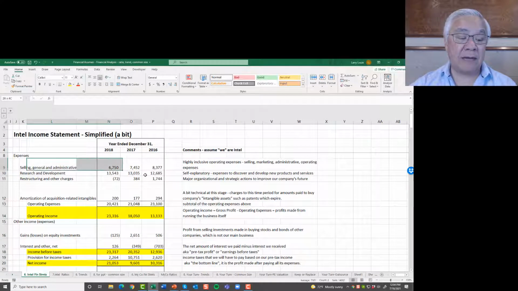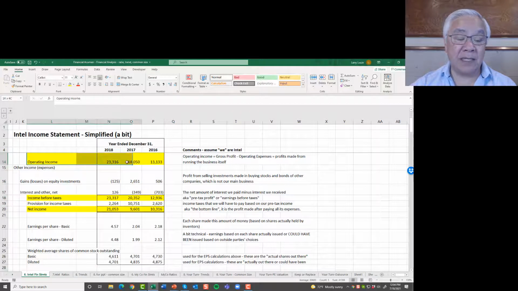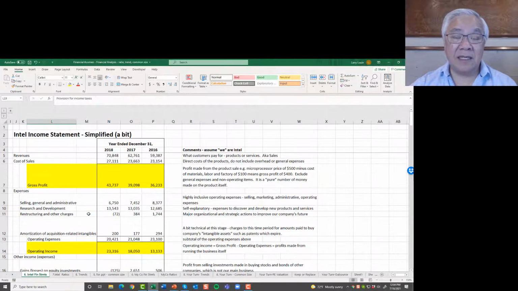We subtract out the cost of running the business, operating expense, and we get operating income. And then we subtract other non-operating expenses, such as gains and losses, interest, and other. And we get pre-tax profit. And from that, we subtract income taxes to get net income. And that is the typical looking income statement that you'll see.